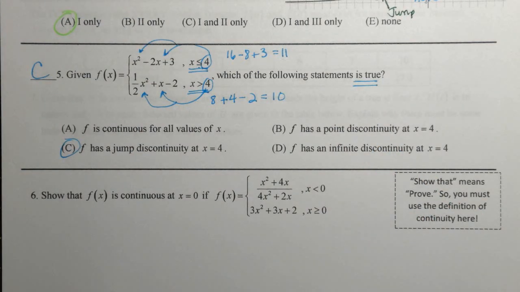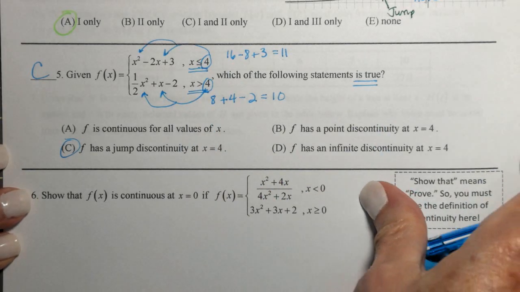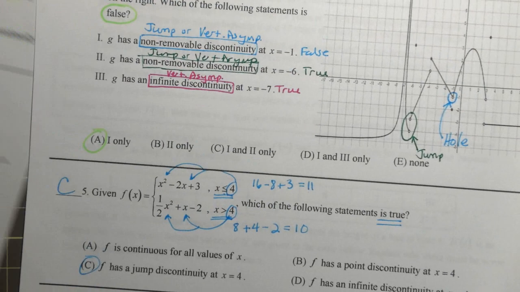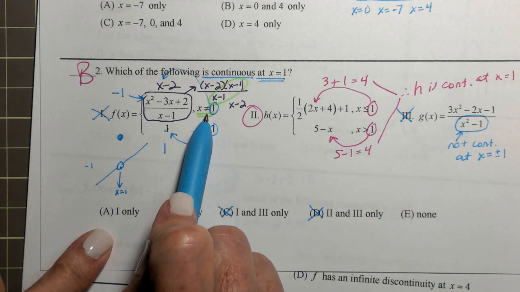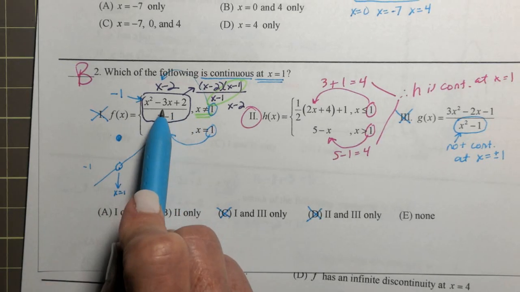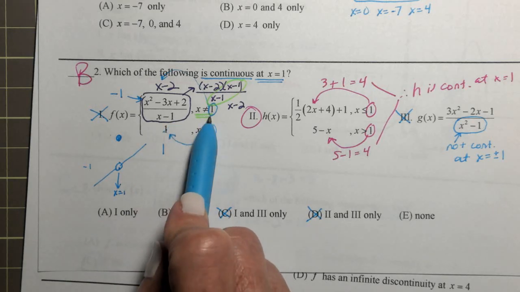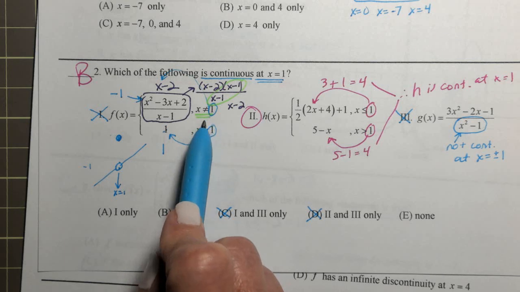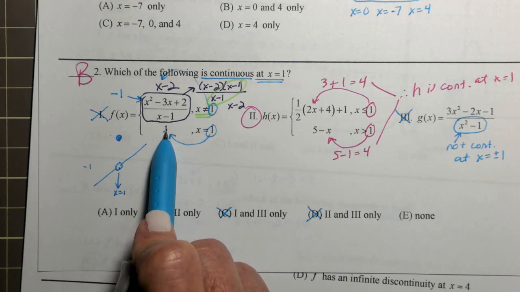Piecewise functions can be defined in different ways, either like this with left and right, or on the other page we had a piece that was defined differently, like this. This means that f is equal to this everywhere except x equals 1. At x equals 1, the function value is 1.